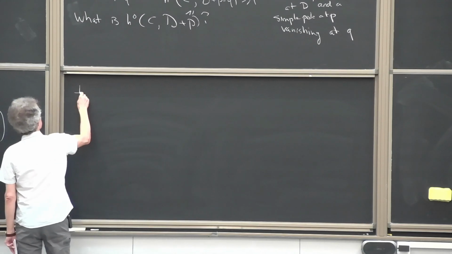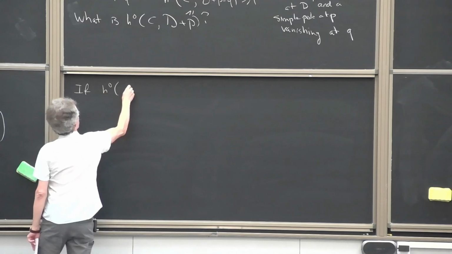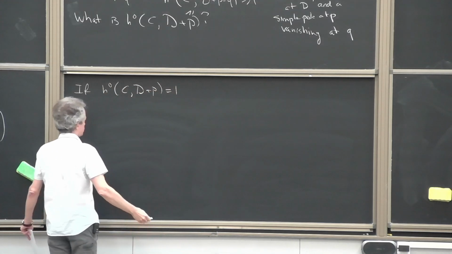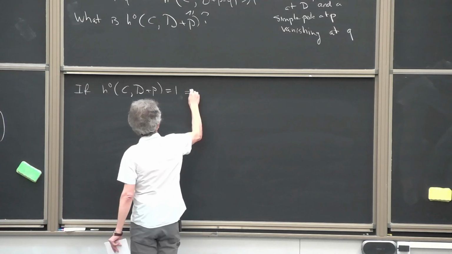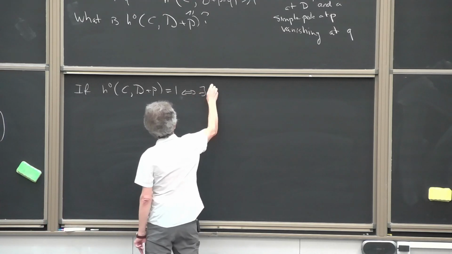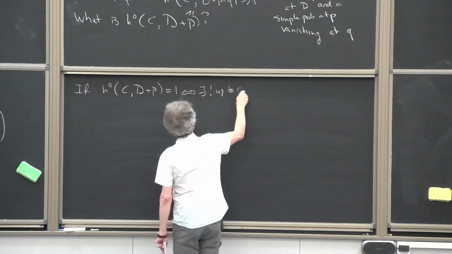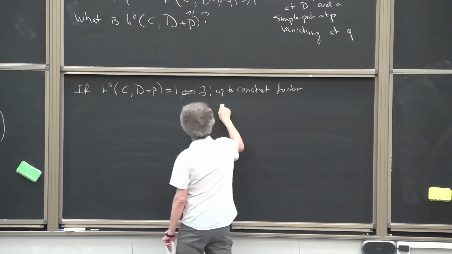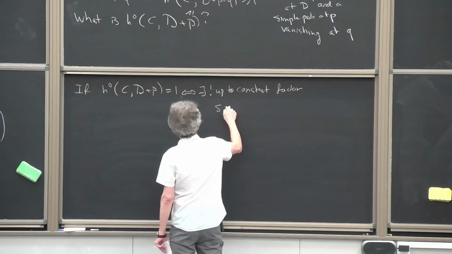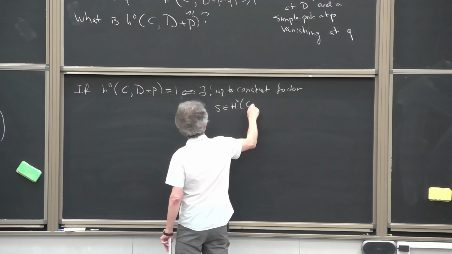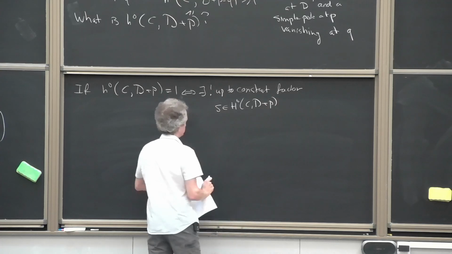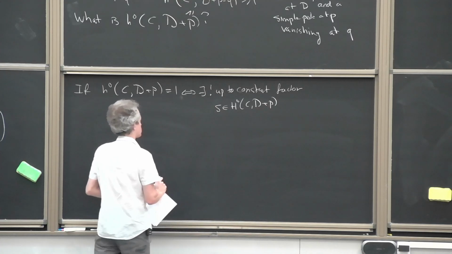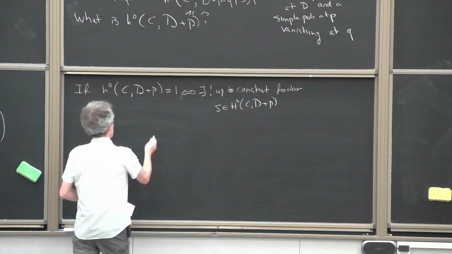So if H^0(C, D plus P) is equal to 1, this means basically that there exists a unique, up to constant factor, section S in this space, which is to say S is a meromorphic function with poles at D and a simple pole at P. Okay? But this function is unique.